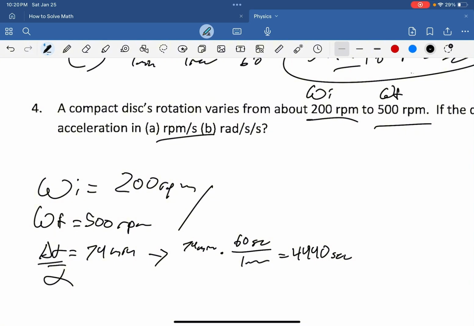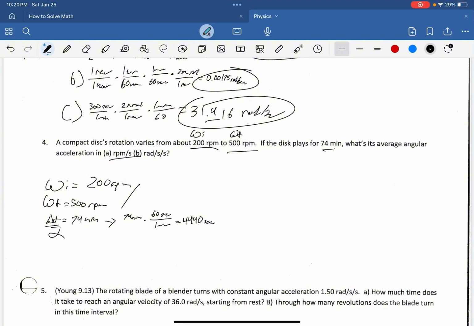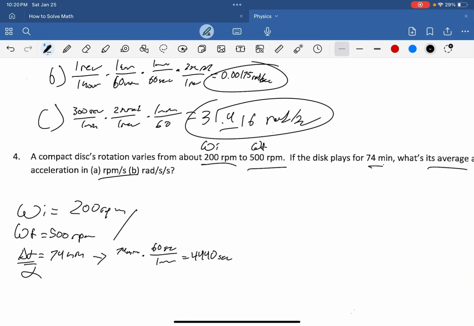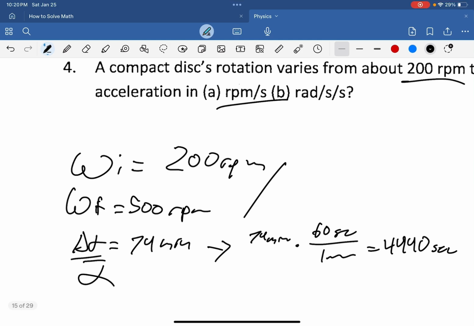Do not use your constant angular acceleration equations for this, because it doesn't state that our acceleration is constant. It states that we're going to have an average one, which means it's going to change at some point. So do not use them. This is when our acceleration is constant.